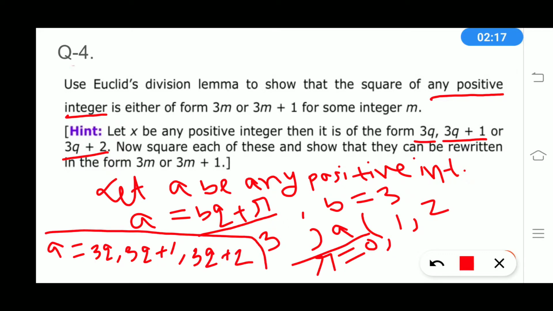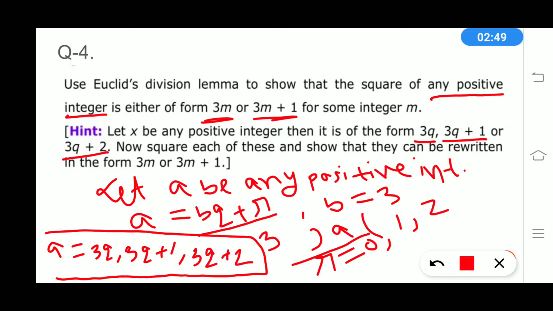Now the question is, after squaring those numbers, that means 3q plus 1 and 3q plus 2, to rewrite them in the form 3m and 3m plus 1. Now a equal to 3q. After squaring, that means 3q whole square, that means 9q square. Okay, so 9q square can be written as 3 into 3q square.